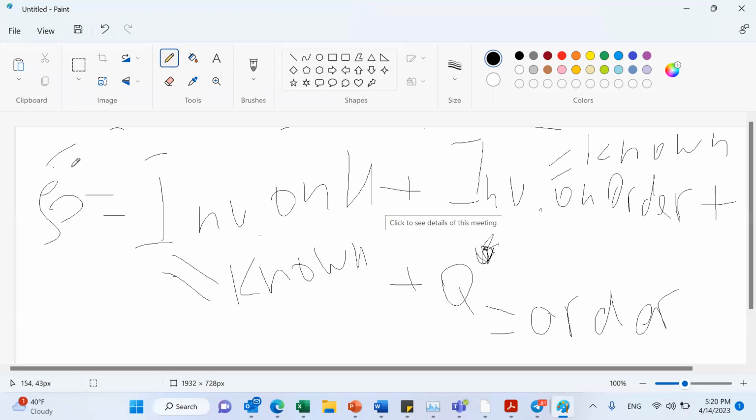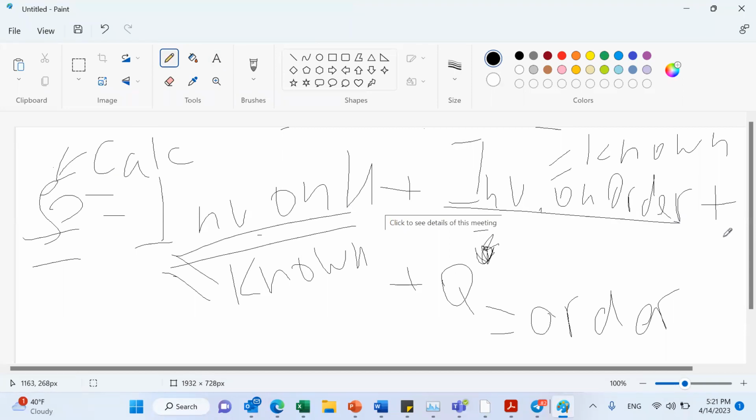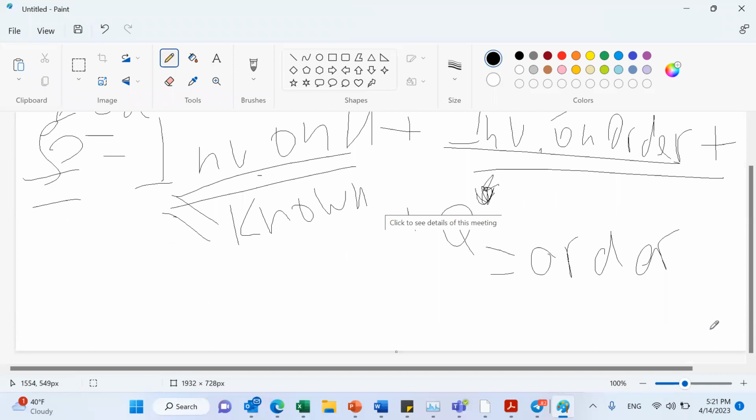Base stock is calculated, right? So this is given, this is calculated, this is given, this is given. Now you can find your Q, right?